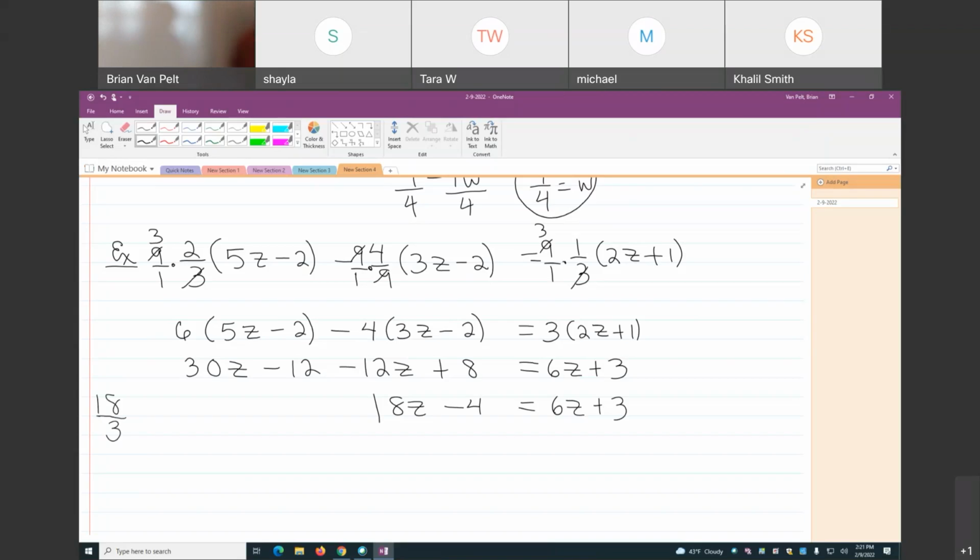Do it one way or another. These simplifications are the things that hopefully you had before you came here. You can cancel up here and down here. This is the same thing. This 3 went into there, 3 times 2 gave me 6.